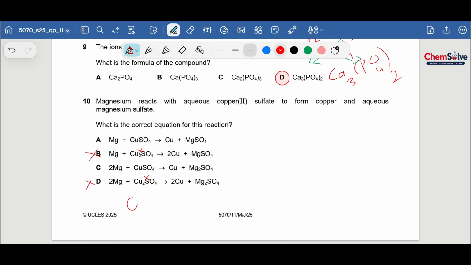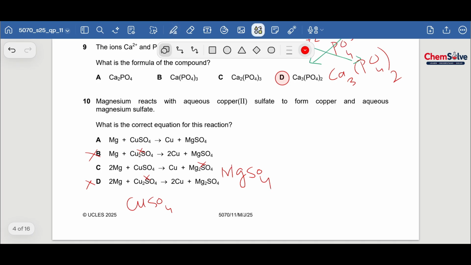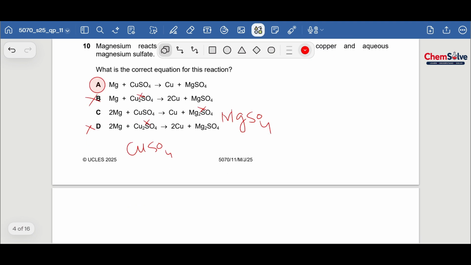The formula of the copper sulfate is CuSO4. So these two options are being excluded. Now we have to compete between option A and option C. And in option C, the formula of the magnesium sulfate is also incorrect. The correct formula of the magnesium sulfate is MgSO4. So our right option would be option A.